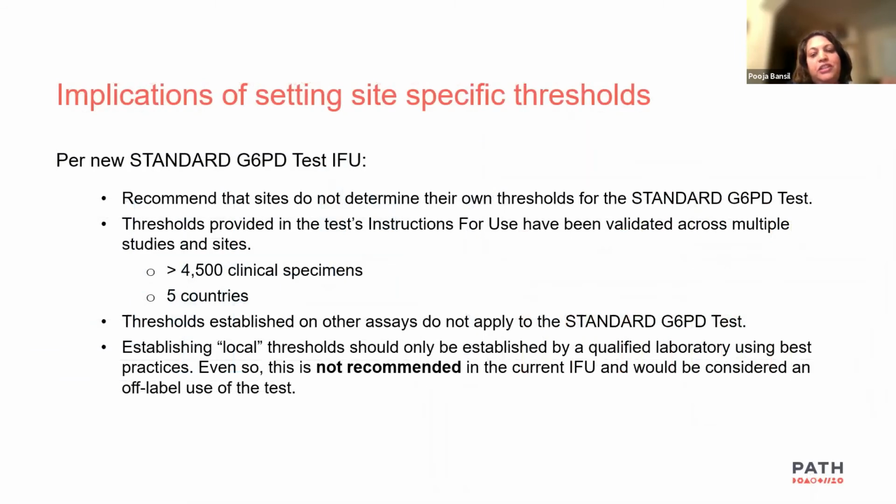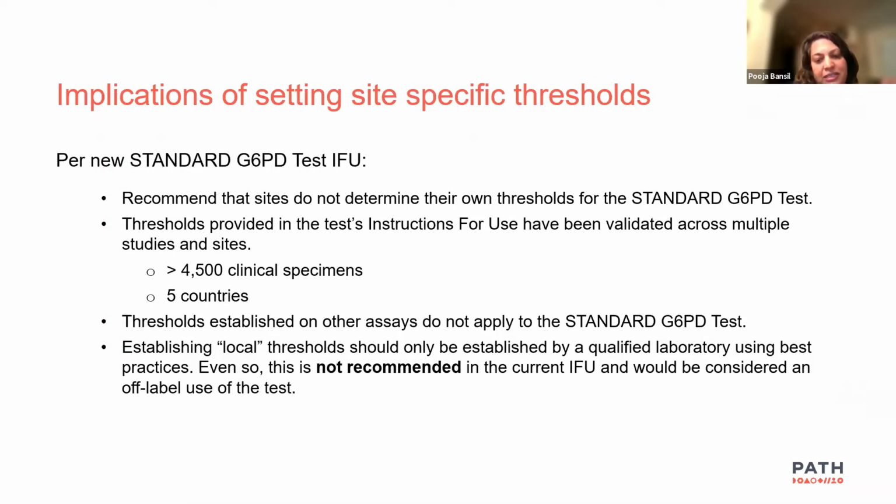Hence, per the new standard label, we recommend that sites not determine their own thresholds, as the thresholds listed in the IFU have been validated and optimized across multiple sites and studies with over 4,500 specimens from 5 countries.